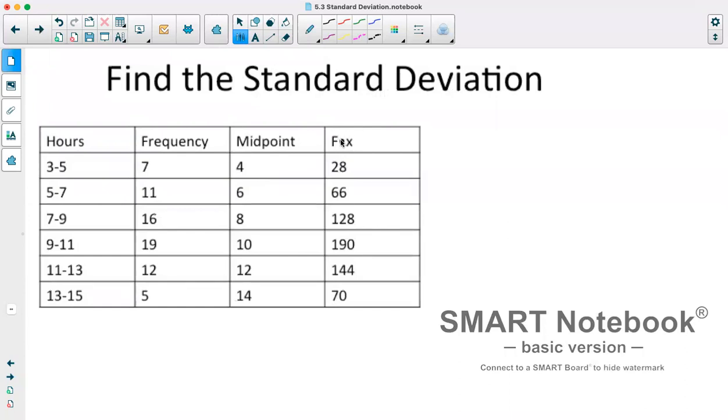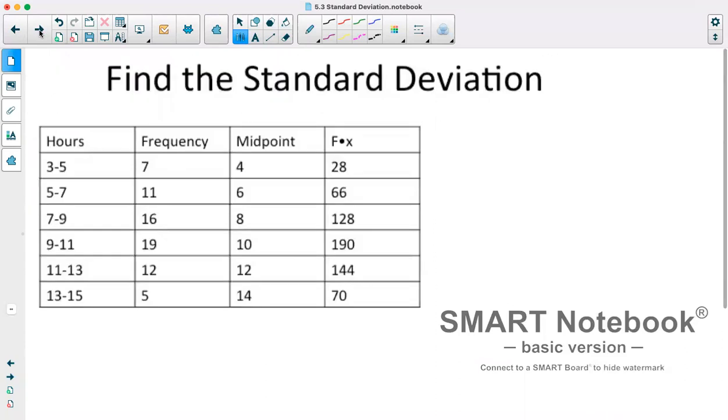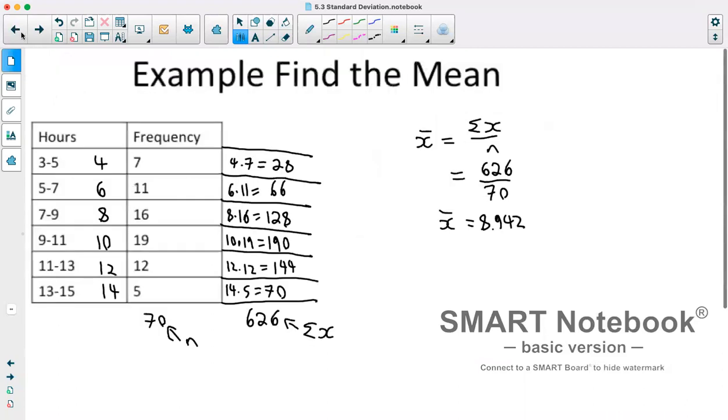So we already have our frequency times x. This was essentially this column here. That being said, we most likely will not be using this. We already just had that. We said that our mean was 8.942.